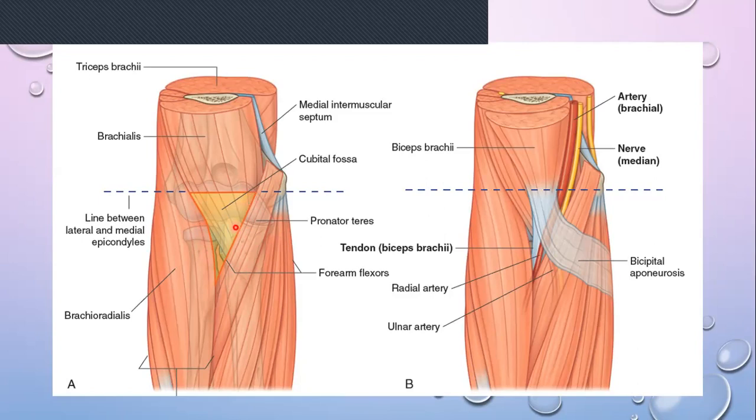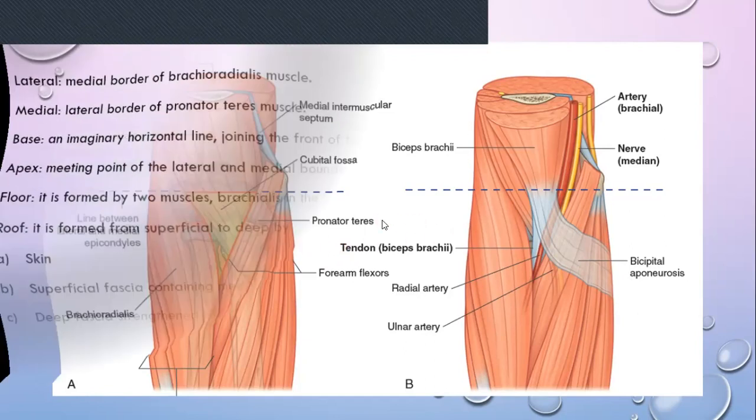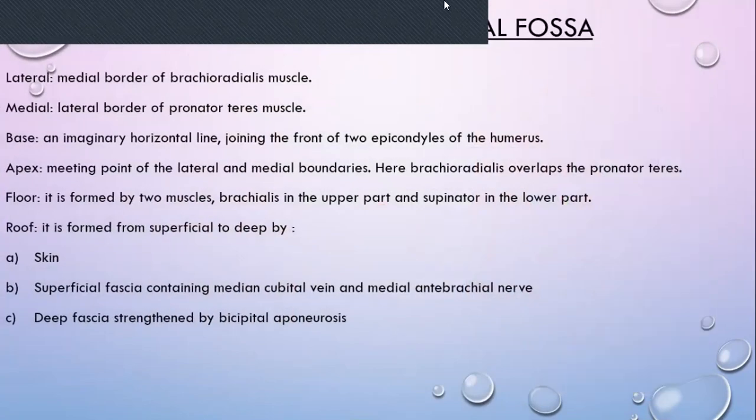The medial boundary is formed by the lateral border of pronator teres muscle, and the lateral boundary is formed by the medial border of brachioradialis muscle. Then you can see the floor here is formed by brachialis muscle, and the supinator will form part of the floor here inferiorly. Okay. Now let me remove this for you.